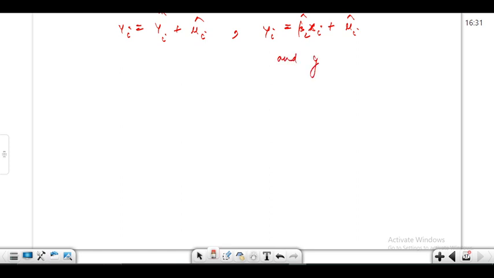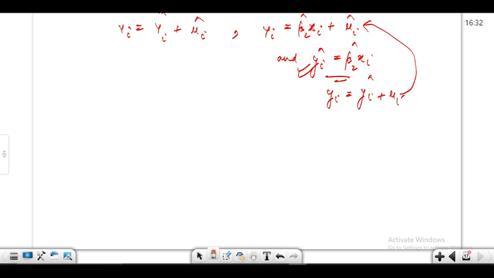And yi hat is equal to beta 2 hat xi. This comes from the fact that yi is equal to yi hat plus ui. If I use this over here, I will get this equation.